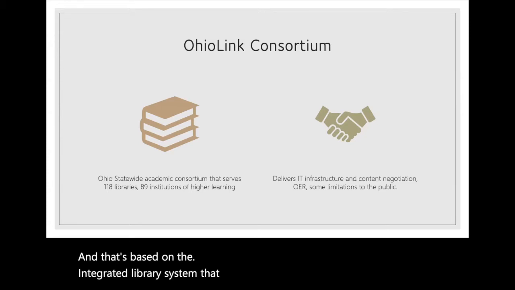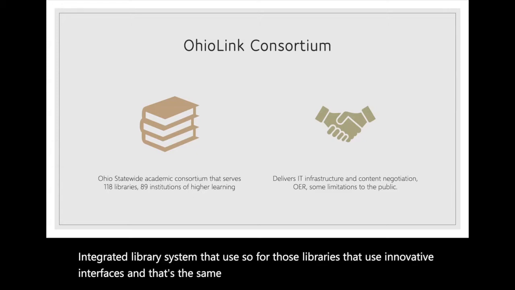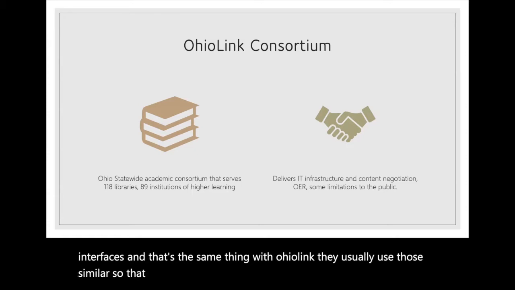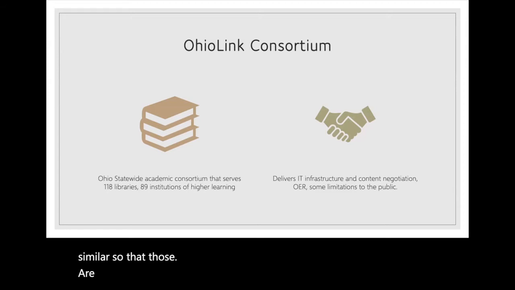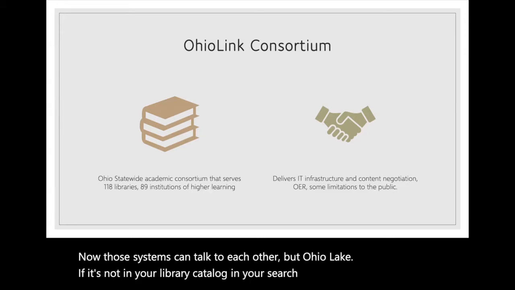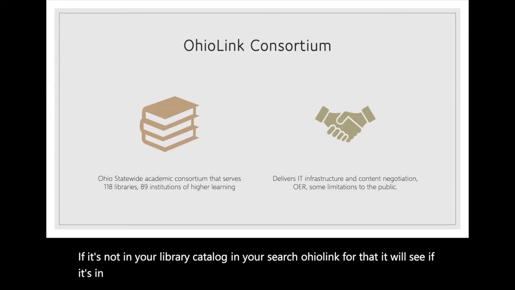Those libraries use Innovative Interfaces, and it's the same thing with OhioLINK. They usually use similar ILSs so that those systems can talk to each other. But with OhioLINK, if it's not in your library catalog, you can search OhioLINK for that.